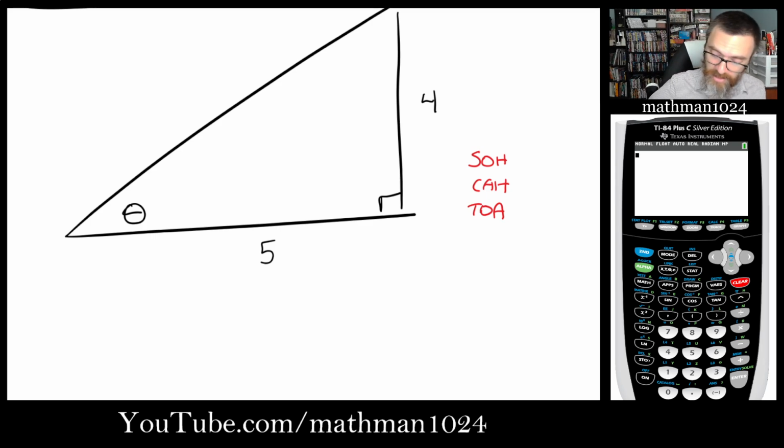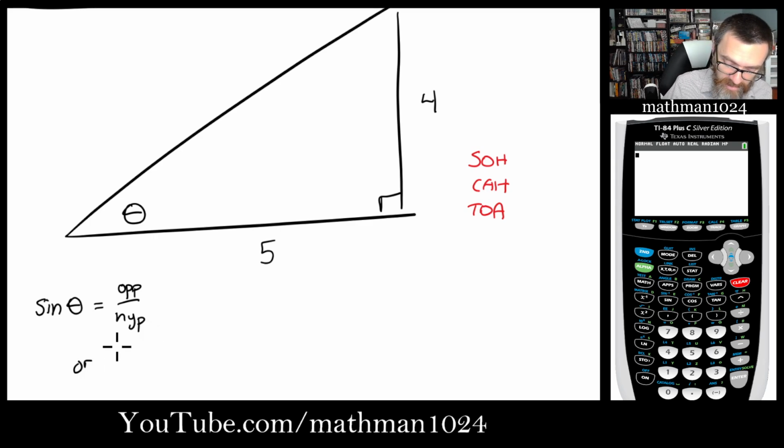For example, if I want to do sine, so the sine of this angle measure is O and H, so that means the opposite over the hypotenuse. Or, as we've already seen, that's y over r if we were on a circle, right? All right, so here, our opposite side is going to be 4. But what about the hypotenuse?